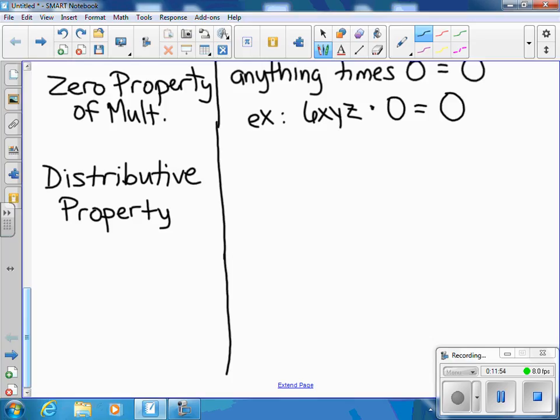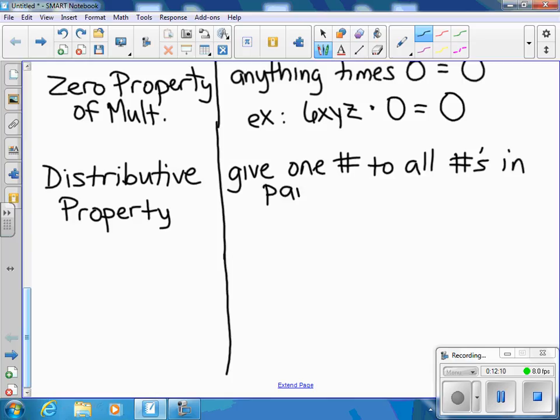The distributive property means that you are going to give, because that's what distribute means, one number to all numbers in parentheses. So yes, parentheses are involved in this property, but it's not the same as the associative property. The parentheses actually disappear in this one.